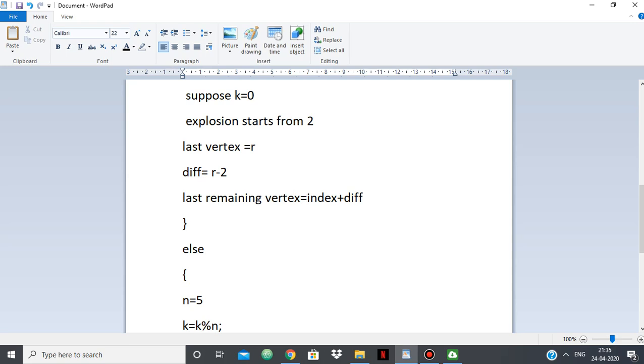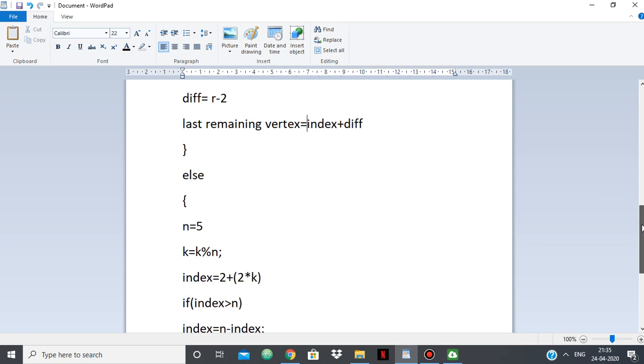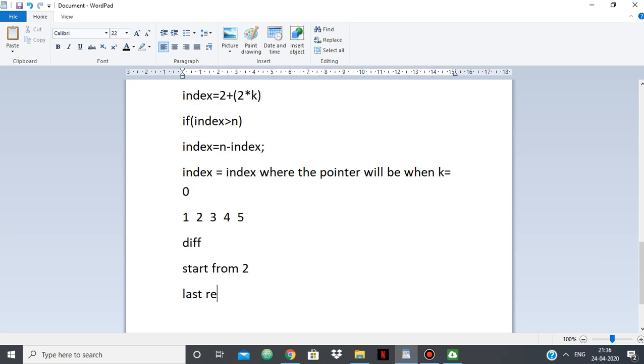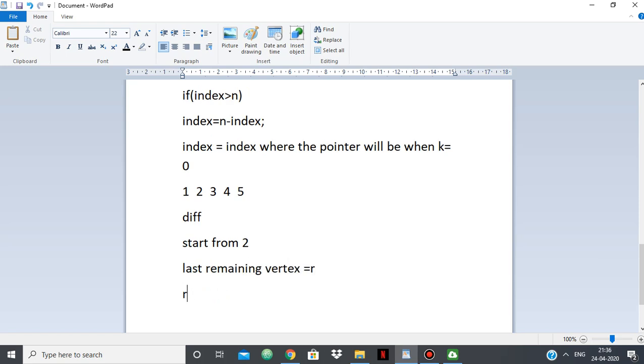Which will be index plus difference. So I have to calculate the difference, meaning that if I start from 2, then where the last remaining vertex will be. And this will be there for odd also. So if the explosion starts from 2 and the last remaining vertex is equal to R, then R minus 2 is the difference.